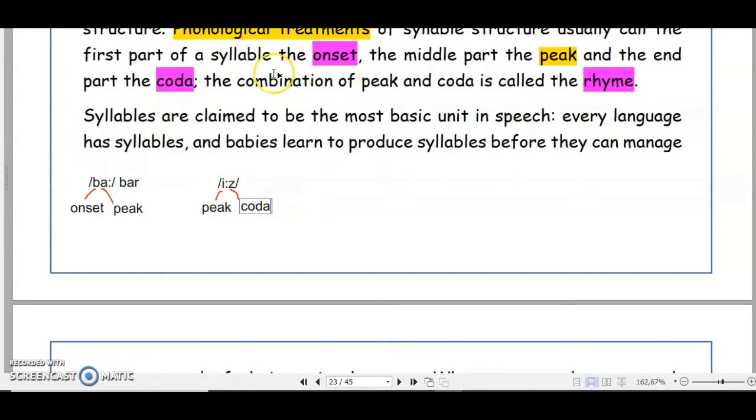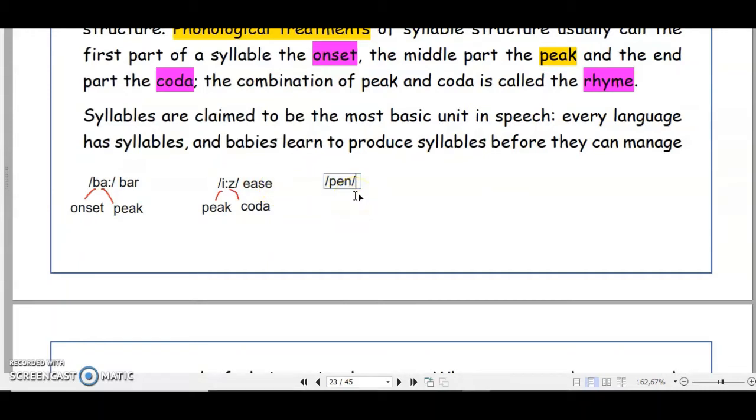But sometimes you can have both, or the three things. Of course, always the peak, but you can have an onset and a coda too. For example, in a word such as sad. I'm sorry, I didn't write the normal spelling of this. So let's go with the word pen, not sad, because I don't have the IPA on my keyboard here.